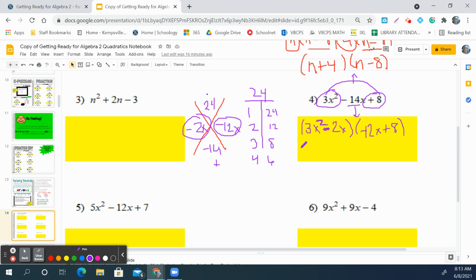And I can factor out the x. That happens. So these middle terms are replacing the 14, so you've got to put an x with them. In the puzzle, we don't use the x's, but when you take them out of the puzzle, you've got to add them back in. So if I distribute out my x, I need 3x minus 2. And what can I take out of negative 12x and 8?